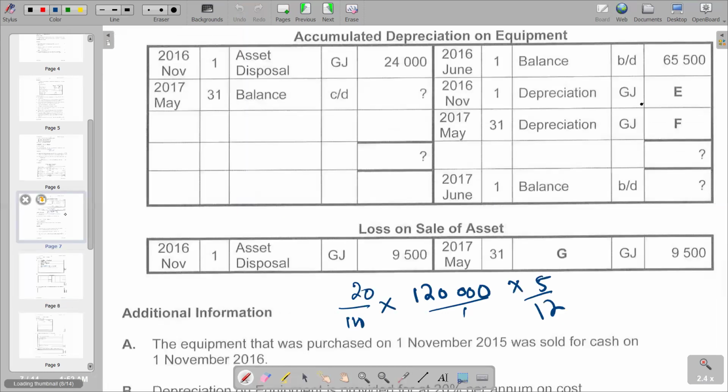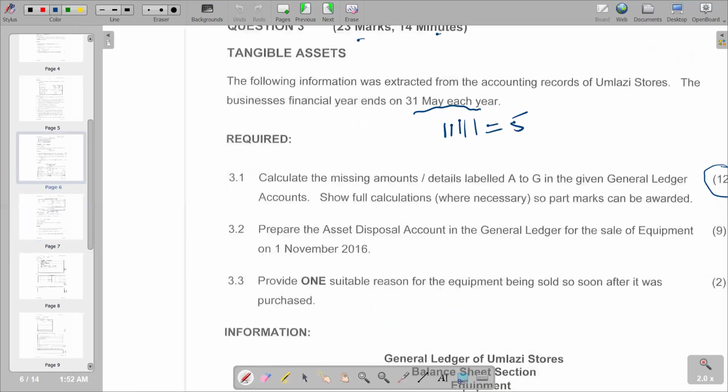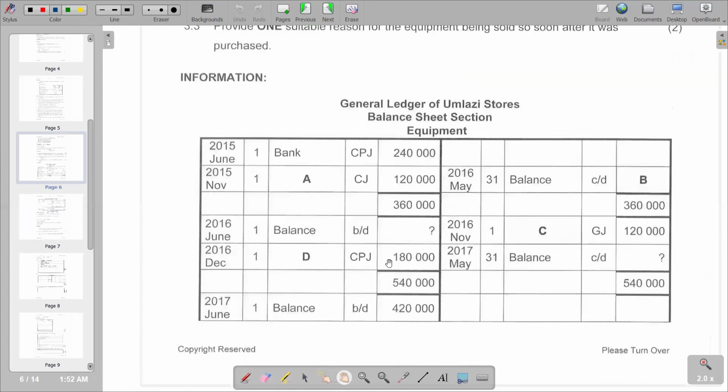And then you go to our F. This is now depreciation on May. We know that if you refer back to our asset account, we have 360,000, and then the 120,000 was disposed.